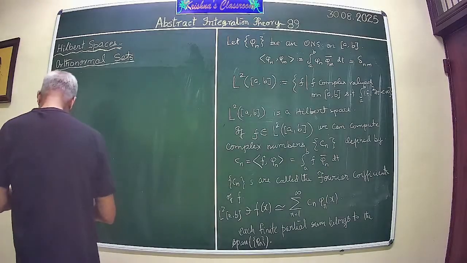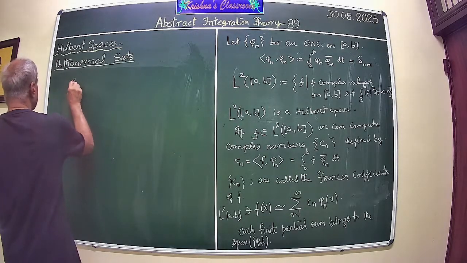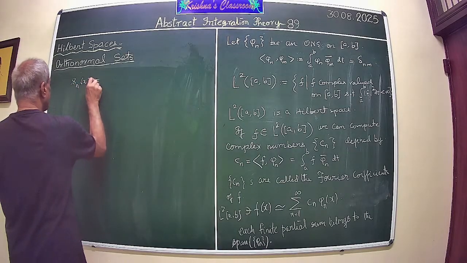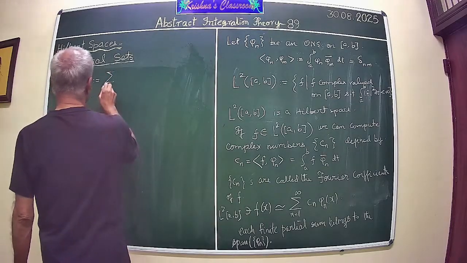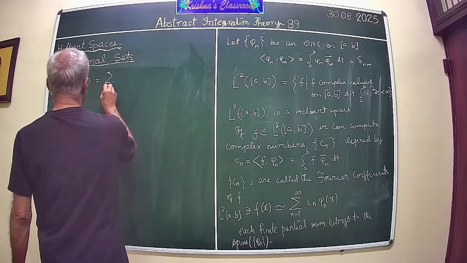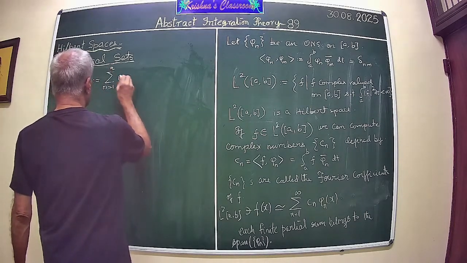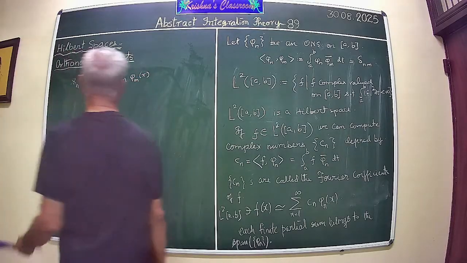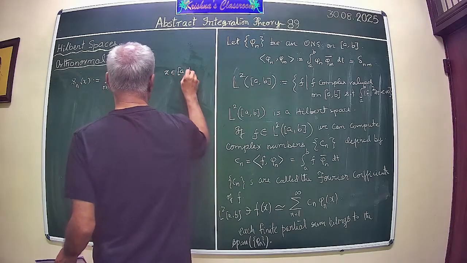Now you take S_n defined as sigma m equal to 1 to n c_m phi_m, well defined.